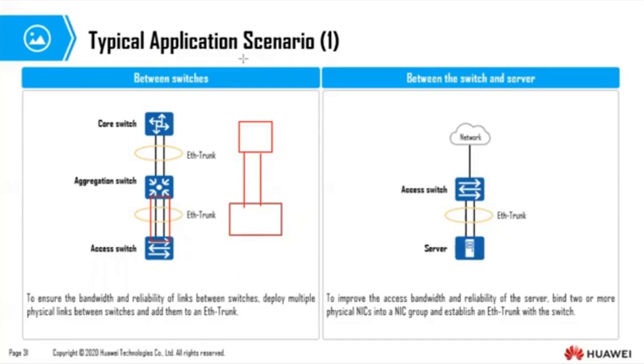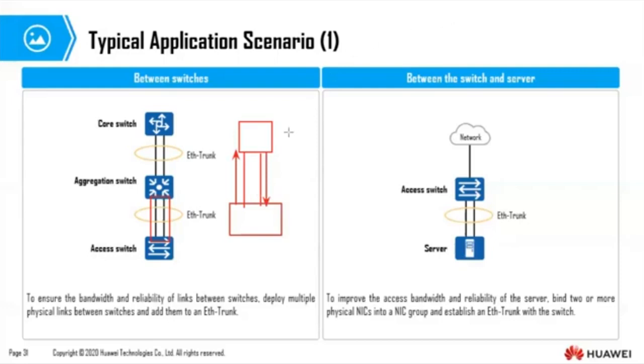To prevent loops, right? Of course here, if a broadcast packet is sent to that switch, it will find its way back via that interface, and therefore we'll have a loop. So that's why we need to configure STP.